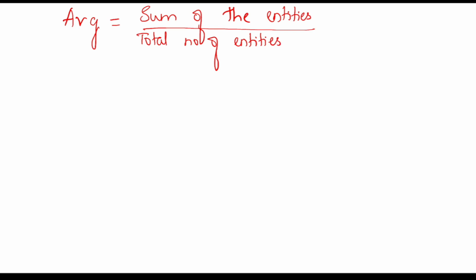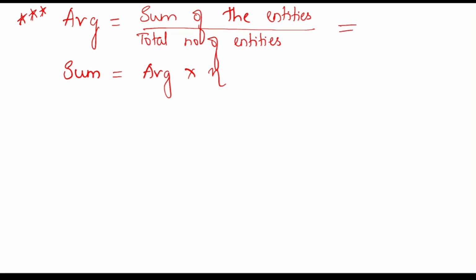So how is this formula derived? This is a very important formula, and based on this formula itself we will solve the problems. Some alteration of this formula we also do. For example, if the average and the number of entities are given, then the sum is nothing but average into the number of entities.